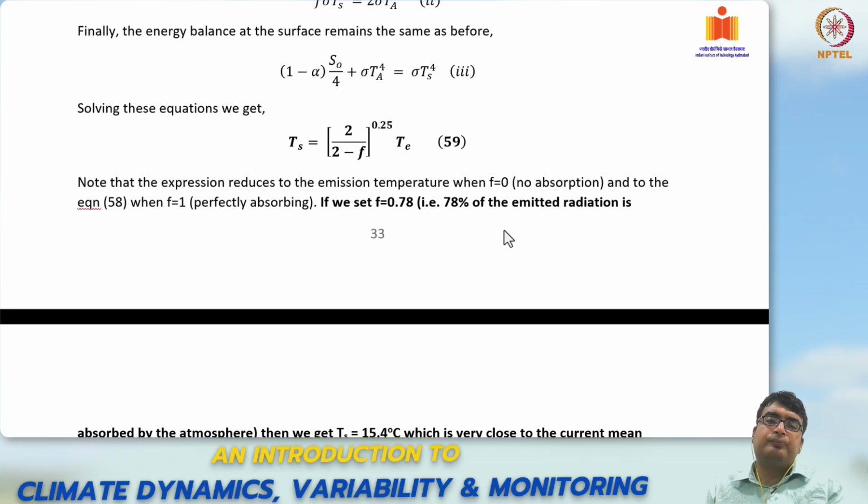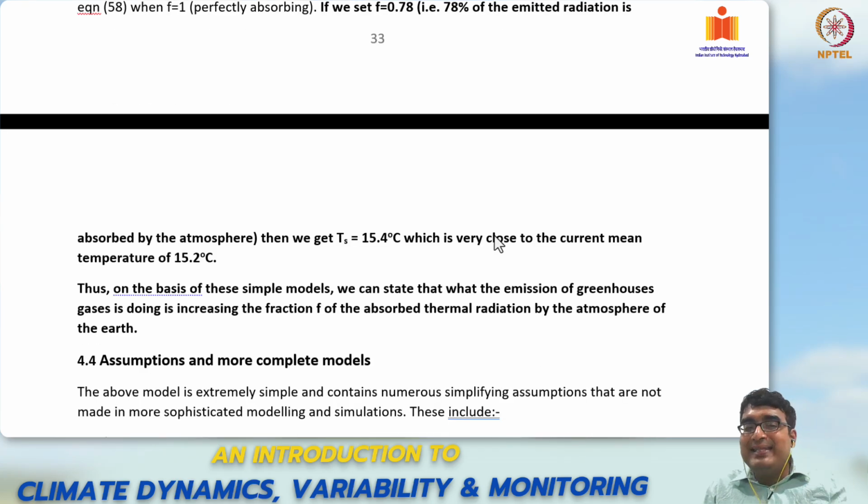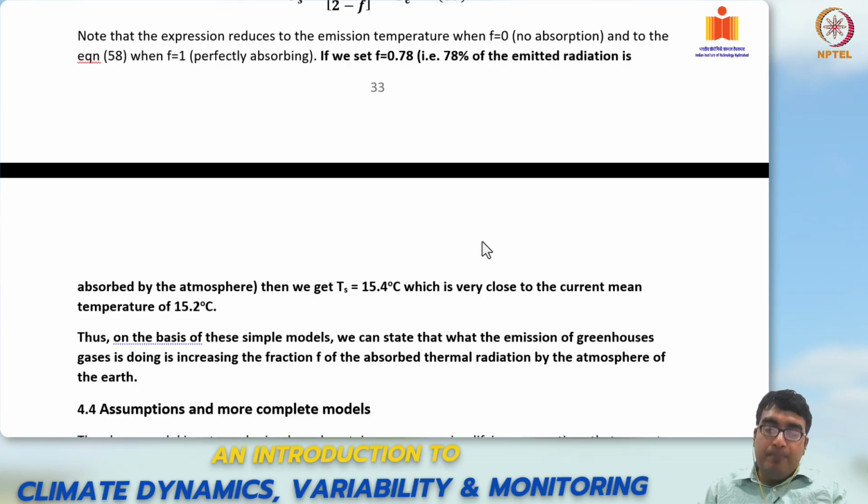So on the basis of simple models, what the emission of greenhouse gases is actually doing is increasing this F, the ability of the atmosphere to absorb terrestrial radiation. When you have less CO2 in the atmosphere, F will be smaller, and hence the surface temperature will also be smaller.